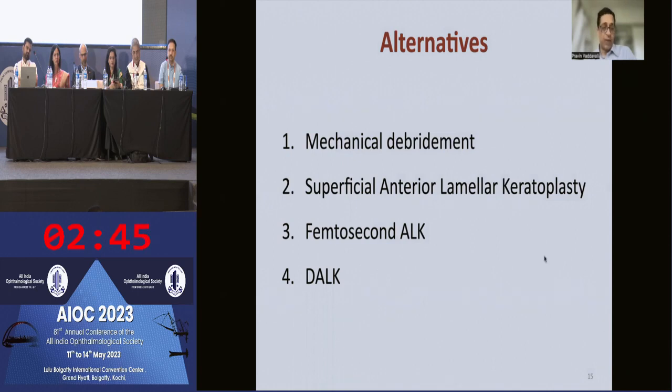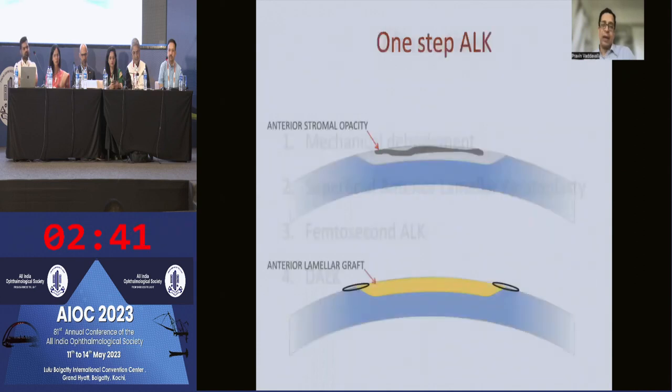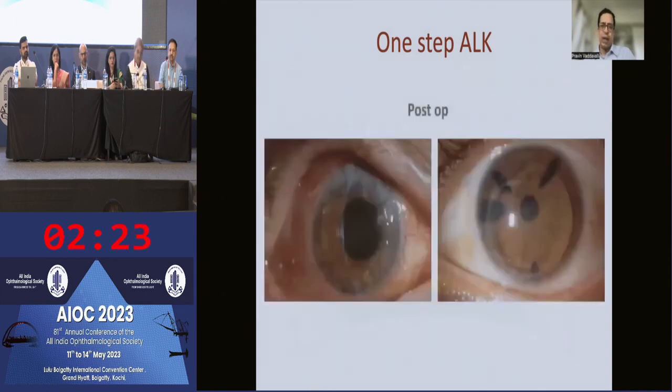But you also have SALK, femtosecond ALK or FALK, and DALK. ALK can be done either with a microkeratome or using a manual method. I think Dr. Namrata Sharma is going to be speaking about microkeratome-assisted ALK, and you'll see that in the subsequent talks. But the problem with microkeratome-assisted ALK is that if you have a surgery done for a lesion, typically you'll need to place sutures.